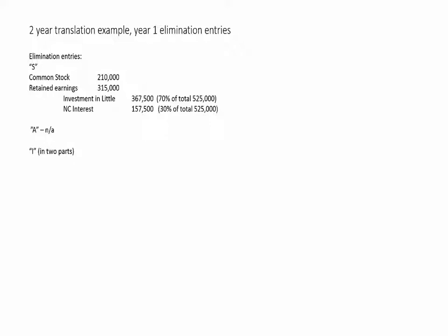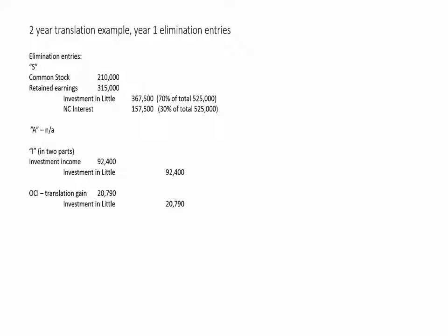I for investment income. And let's go ahead and do this in two parts. Again, we need to eliminate the investment income that Big reported, and they showed income from their investment in two ways. They had their share of Little's reported earnings, which we're going to eliminate, and that's the same as it's always been. But we also need to eliminate that translation gain that Big reported.